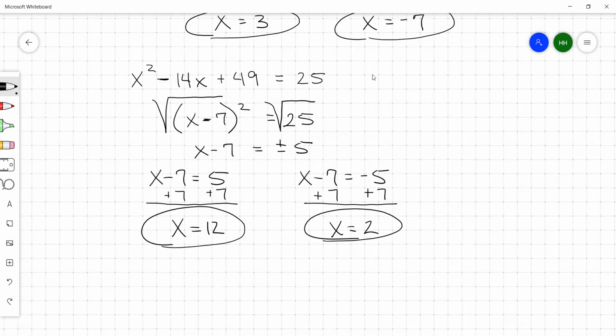It's where the parabola is going to hit the x-axis. Any questions on any of those types of problems? Solving by finding the square roots and then solving by using perfect squares.